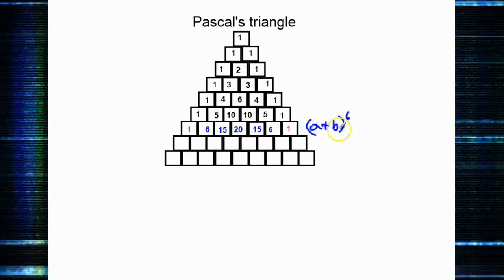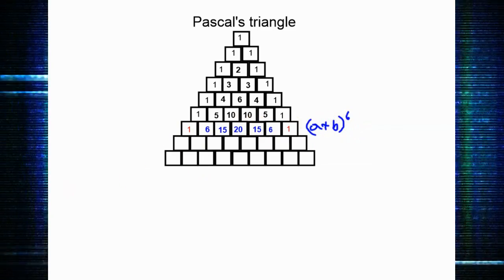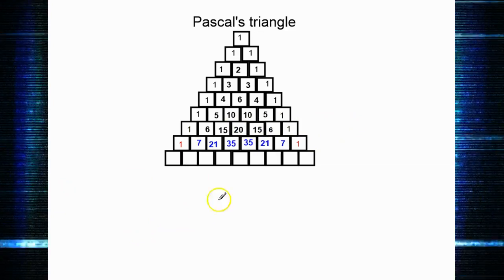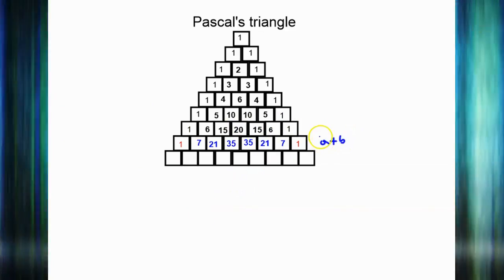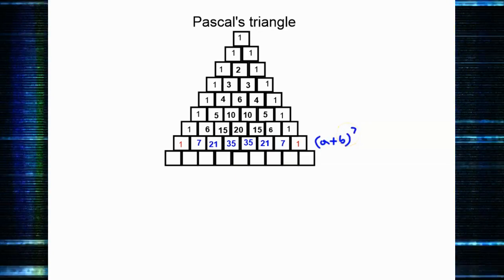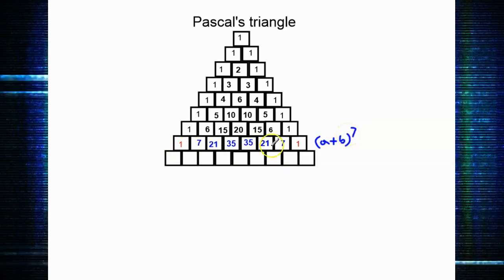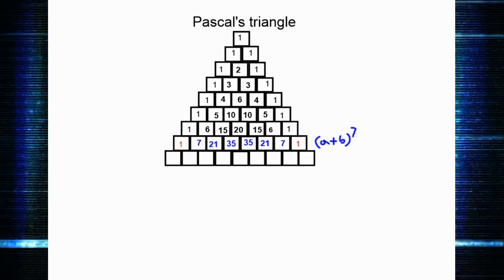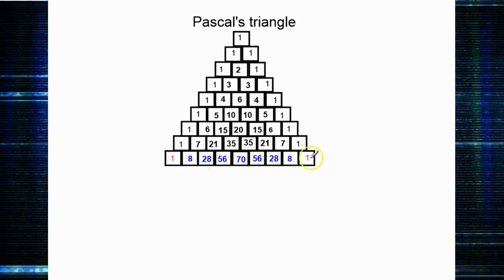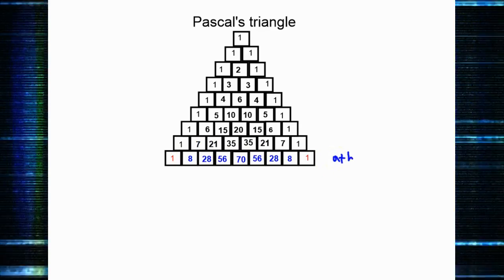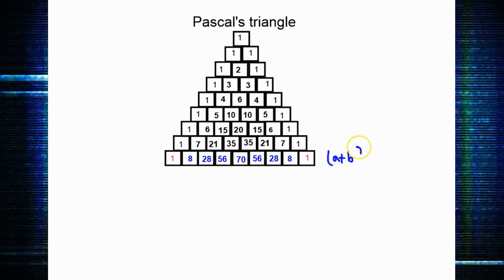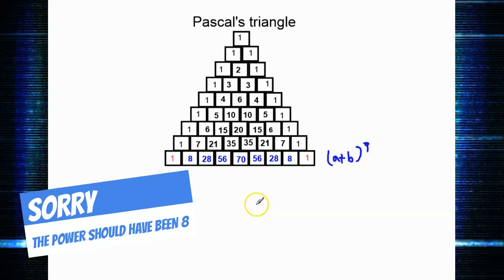And if we repeat that process here for the remaining 2 rows, this next row are going to be the coefficients of a plus b to the seventh power. And the row following that would be the coefficients for a plus b to the eighth power.